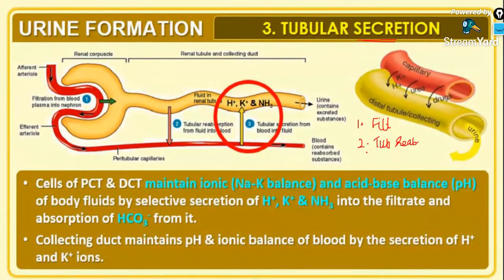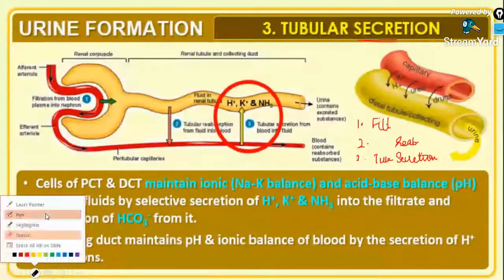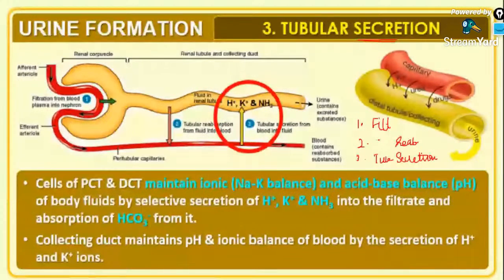Third one is tubular secretion. Sorry guys, second one is selective reabsorption, you have to say. It is taking place inside the tube, but the actual biological term you have to use there is selective reabsorption. Okay, last procedure of the urine formation inside our body, it is a tubular secretion.